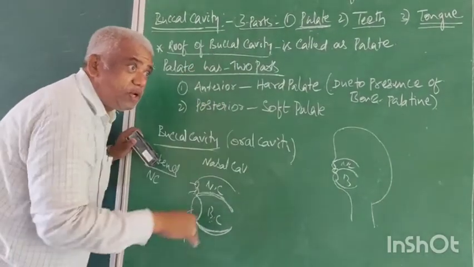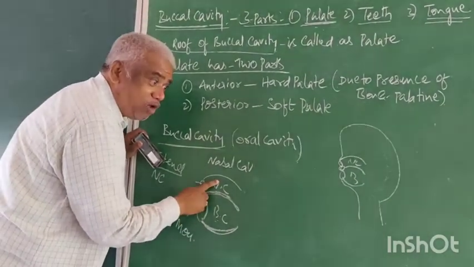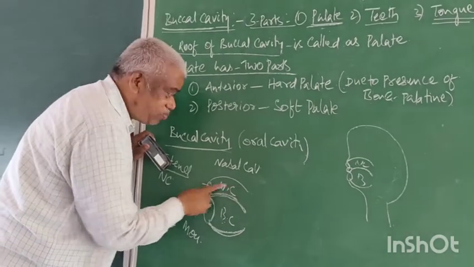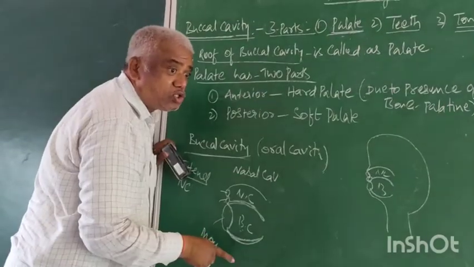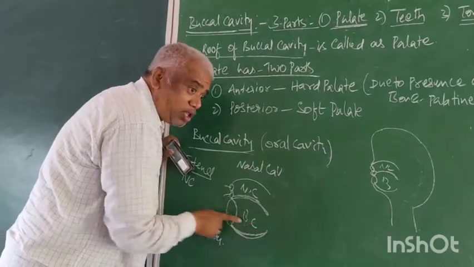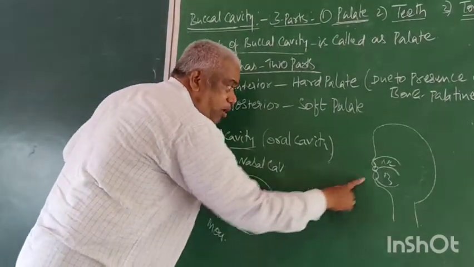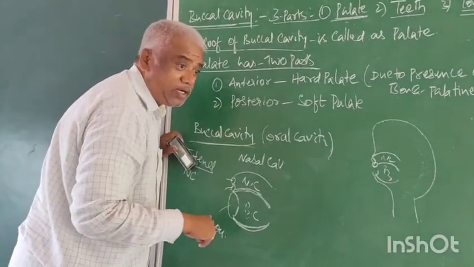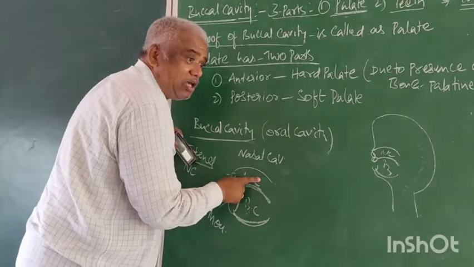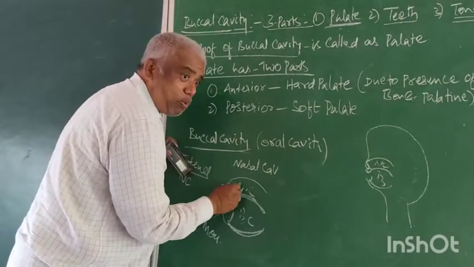At the time of the respiratory system, we can discuss this cavity. It is for air passage, but today's topic is the digestive system. Hence, we are discussing the food path only, not the air path. During the respiratory system, we can discuss the path of air.